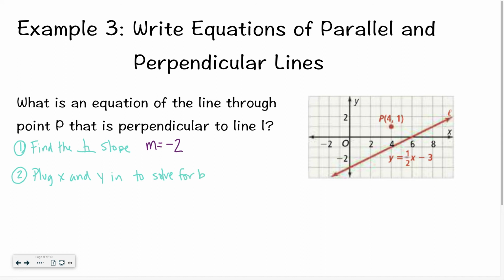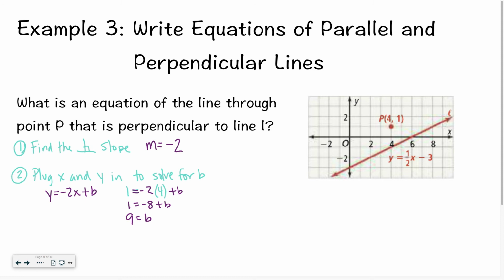So that's going to be, instead of y equals 1/2, -2, because remember we have that perpendicular slope, plus b, I'm going to say 1 equals -2 times 4 plus b. And if I solve for b, I have 1 equals -8 plus b. Add 8 to both sides, I get 9.